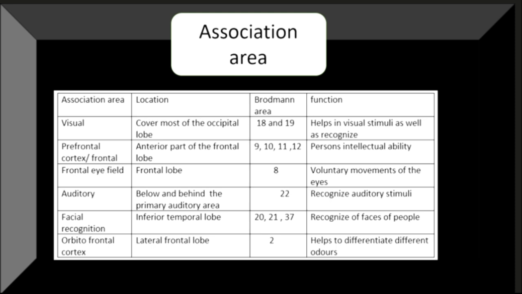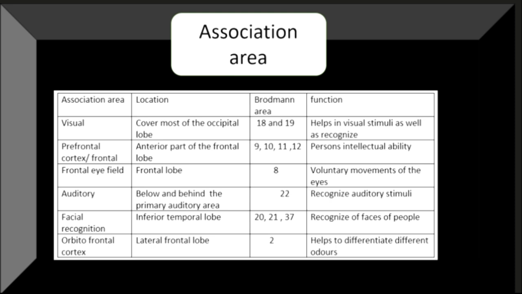If something gets into your eyes, or if you want to see any far or near image, this will be associated. So just remember, the association area is associating the impulse. Vision is associated by these areas, and it helps in interpreting visual information as well as recognition, to recognize someone or for far and near vision. It is just associating.